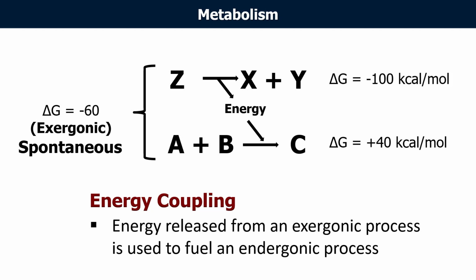Any reaction that has a negative delta G is going to be spontaneous because you're going to a lower energy state. The A plus B makes C is not spontaneous, but if we couple it to the Z breakdown to X and Y and think of it as one big reaction, then the entire process collectively is spontaneous, and the cell, next thing you know, is turning A's and B's into C's.